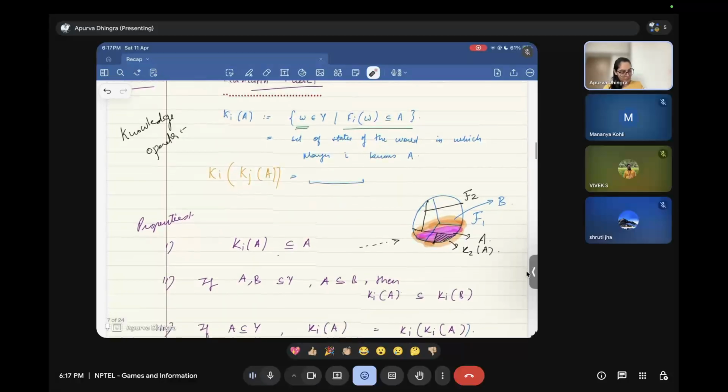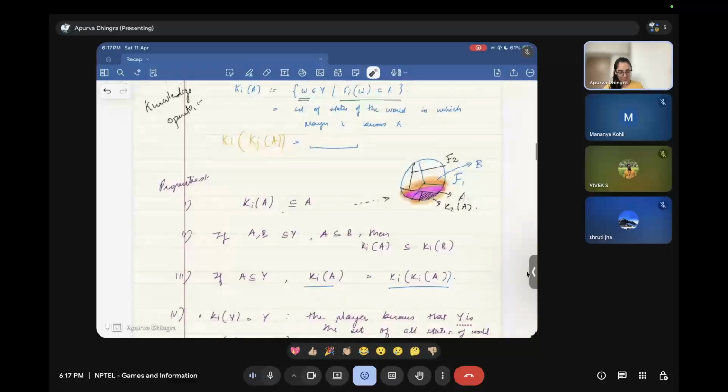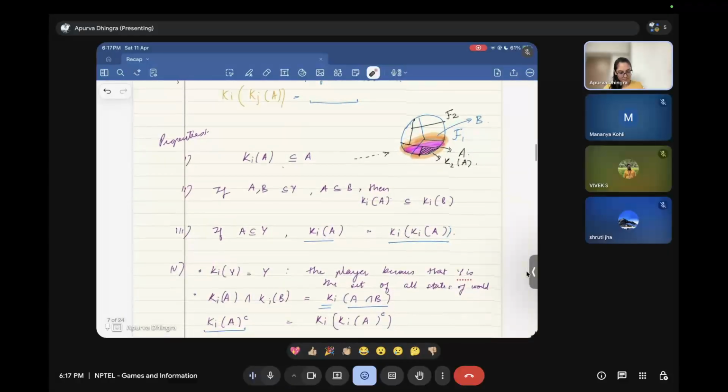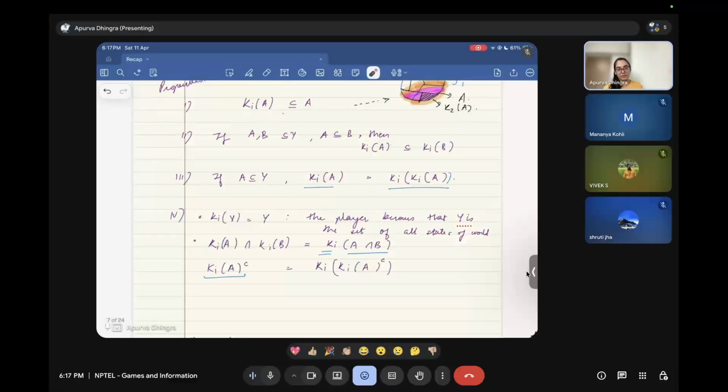Now, there were a few properties that we saw for these knowledge operators. Some of them are fairly obvious. Some of them require a little bit of proof, but we've already done those things.